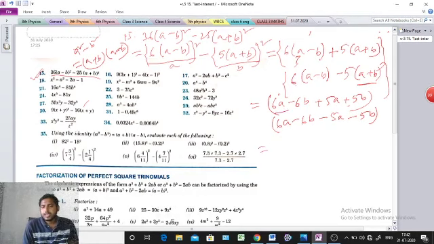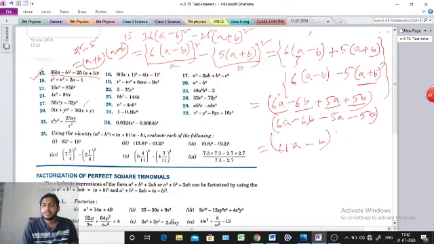Okay, after the little calculation, do it here. Here 6a and here 5a. 6a plus 5a is 11a. Next, here minus 6b plus 5b. The negative sign is greater, so minus b will come. Understood? So we are getting here 11a minus b. Clear? So 6a plus 5a is 11a, minus 6b plus 5b, then minus b.